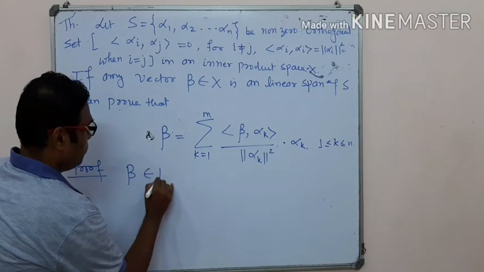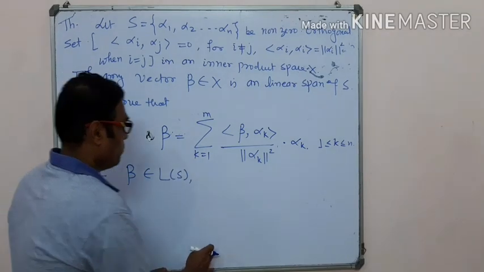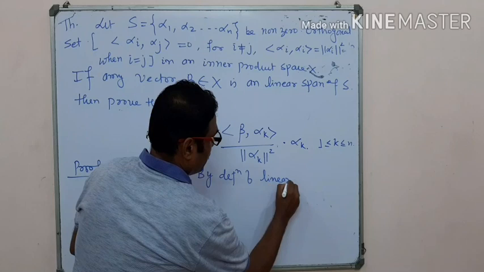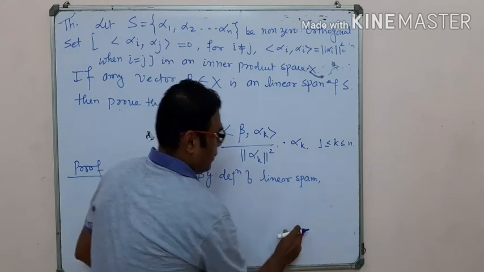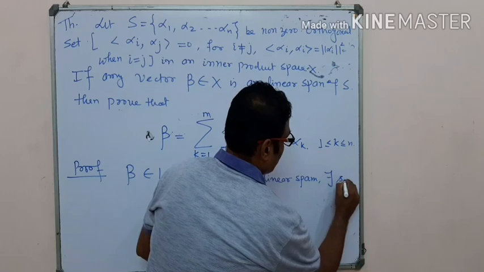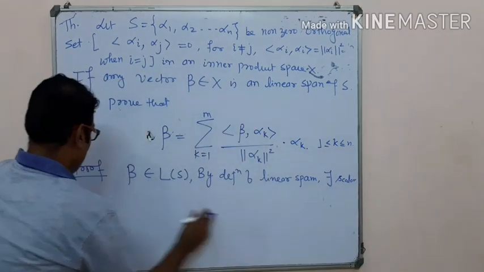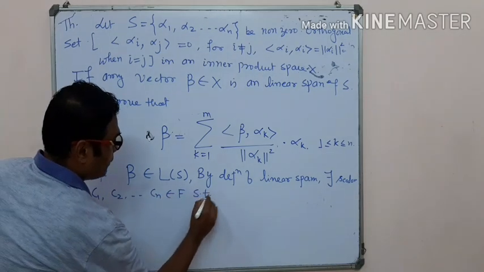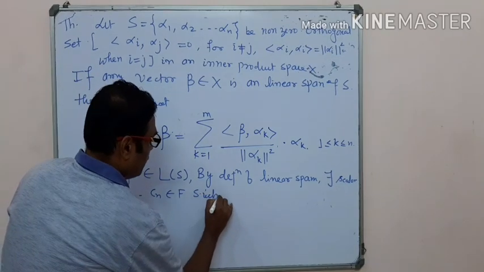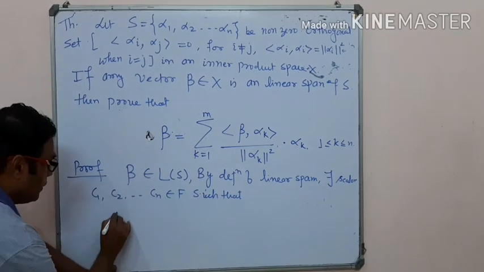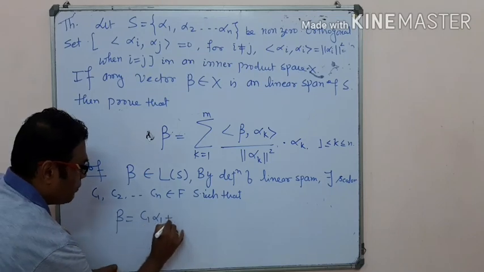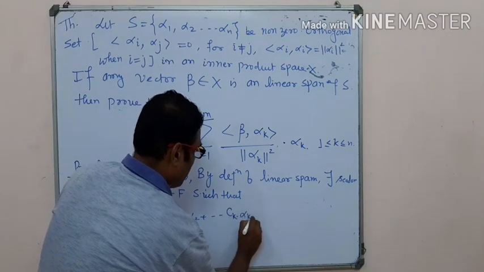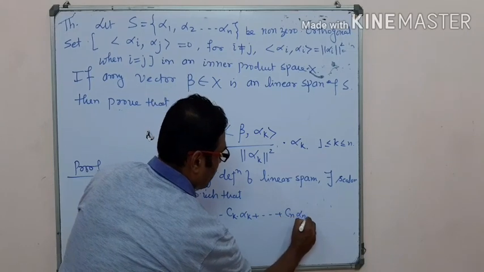Since beta belongs to the linear span of S, by the definition of linear span, there exist scalars C1, C2, ..., Cn such that beta is equal to C1 into alpha 1 plus C2 into alpha 2 plus ... plus Ck into alpha k plus ... plus Cn into alpha n.